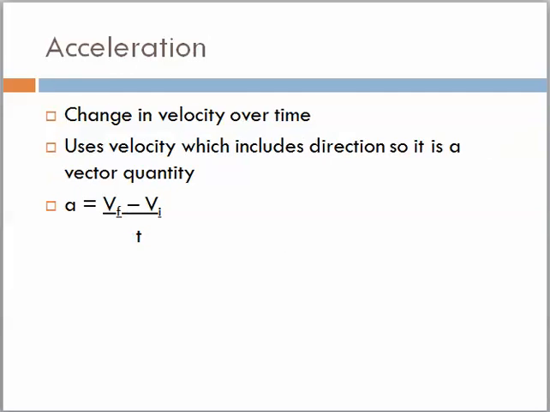Well, what is acceleration? Acceleration is the change in velocity over time. Acceleration is the change in velocity, which includes direction, so it's a vector quantity. Remember, a vector quantity, as we've discussed prior to now, is anything that has direction and magnitude.